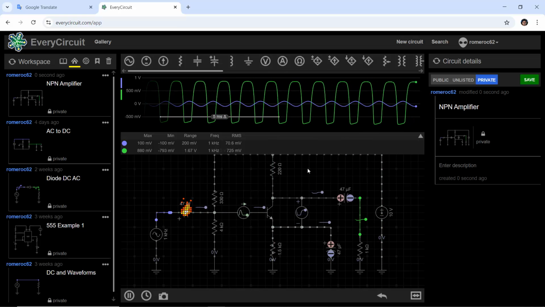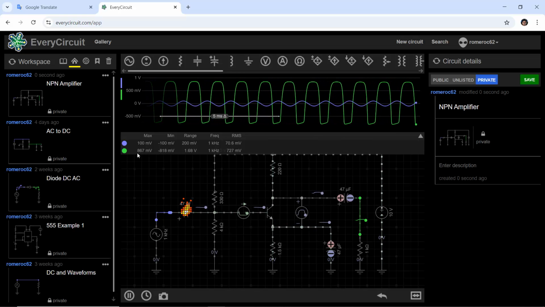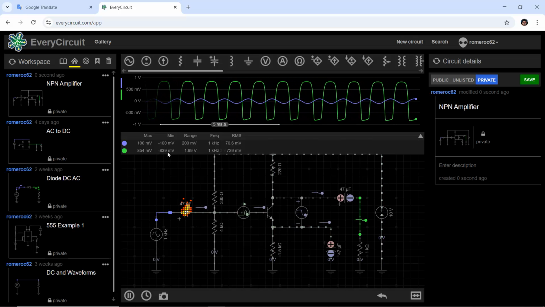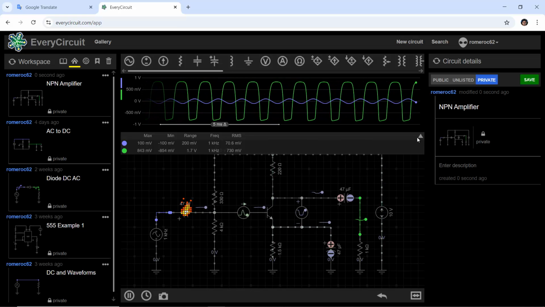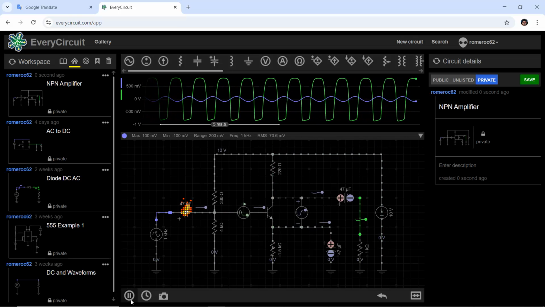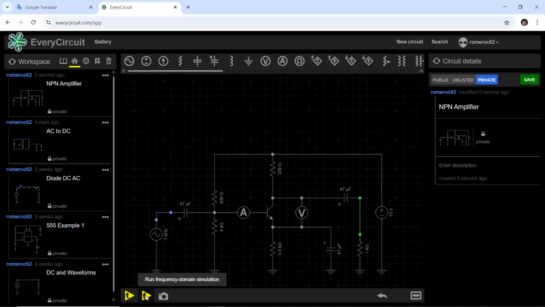Okay, very good. Look at the output, about 800 millivolts, minus 800 millivolts, frequency 1 kilohertz, very good. Pause, rewind, and run frequency domain simulation.